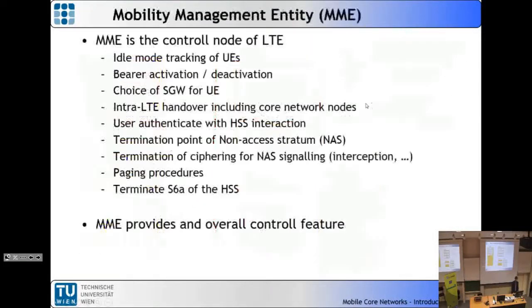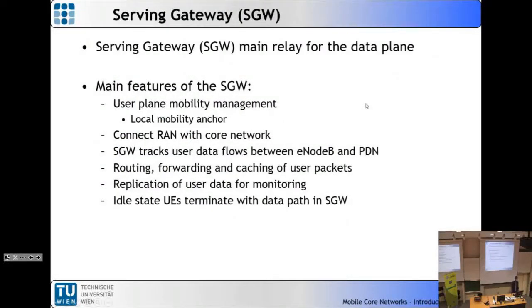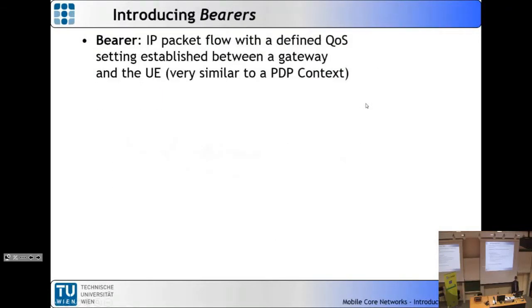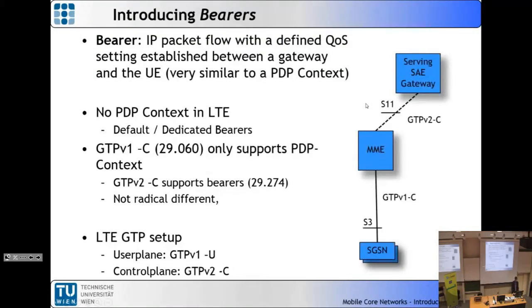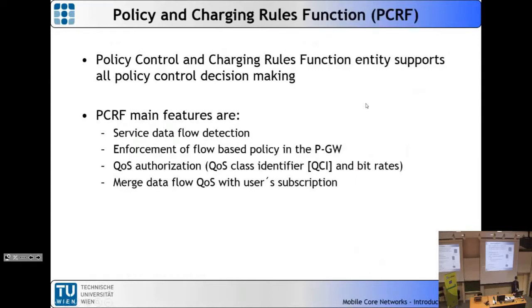Where did we end? This we did, this we did, this we did. Yeah, that's just a picture for that. Okay, policy control and charging function. Well, there was the box where we said we do a mapping, basically, so we have the data flow.